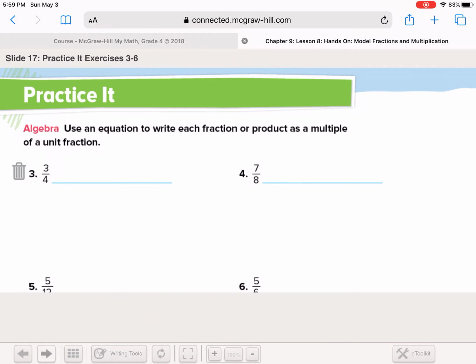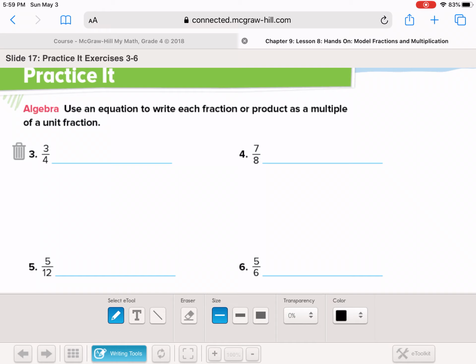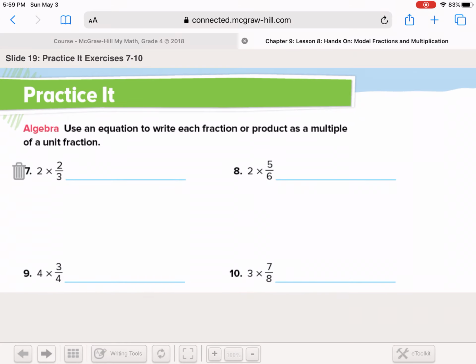All right. Practice it. I'm going to do a couple of these because I don't want you getting confused. All right, so first I'm going to do number 3 with you and number 8, okay? So number 3, these are pretty easy. You just take your numerator, you say 3, make it a whole number, times 1/4. That's it, okay? Easy, right? Now number 8, this is what you're going to do.